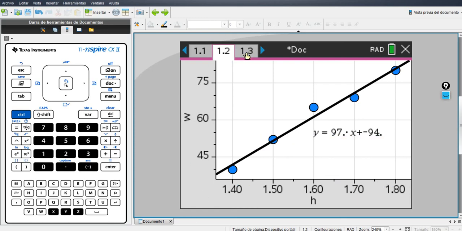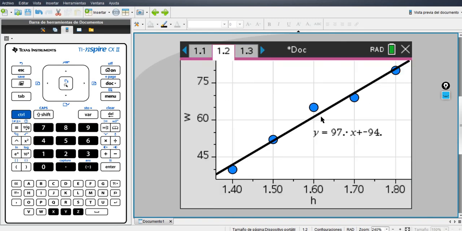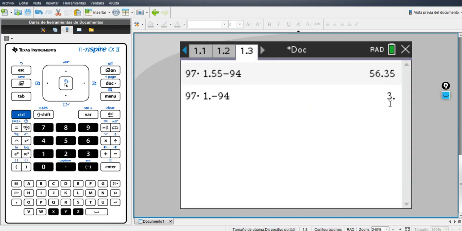Let's go to our document of arithmetic. Let's do the same. I'm using the line of best fit to predict the weight of this small person. And as you can see, this line of best fit that I have in here is predicting a weight of 3 kilograms for a person whose height is 1 meter.